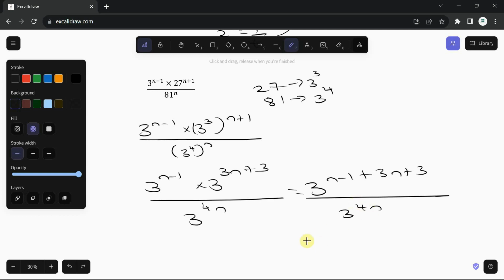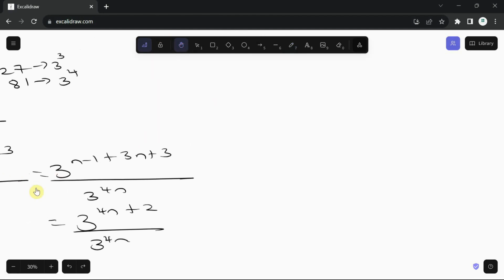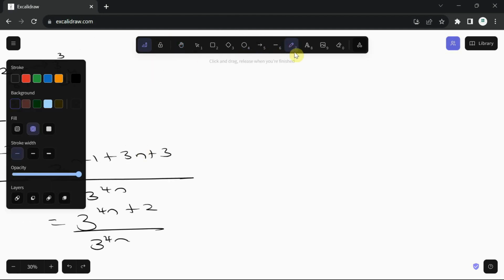So let's simplify. This is 3 raised to the power of n plus 3n, that is 4n, minus 1 plus 3, that is plus 2, all over 3 raised to the power of 4n. Also based on the laws of indices, this can be written as 3 raised to the power of 4n times 3 raised to the power of 2, all over 3 raised to the power of 4n.